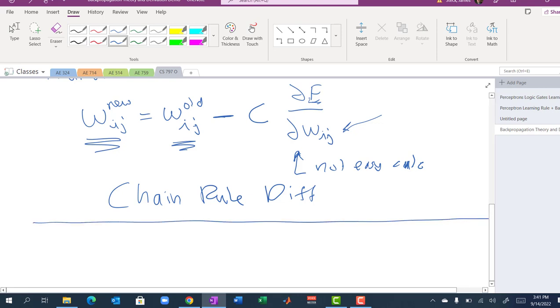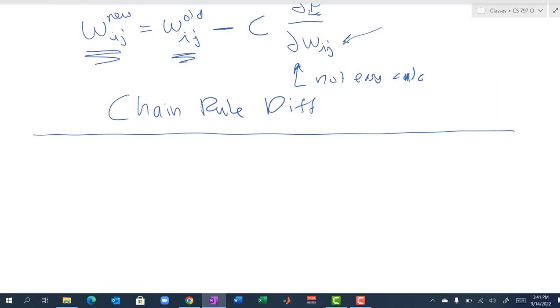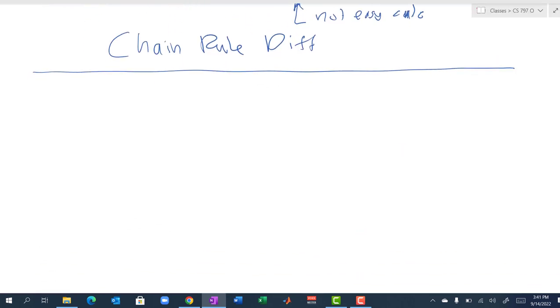All right, so a demonstration of this. We're going to apply this to a really simple network. It has 3 inputs. So that's the input layer.